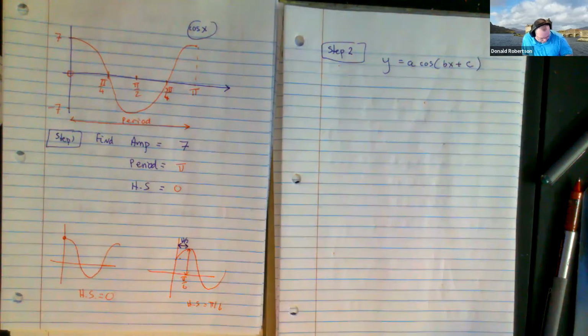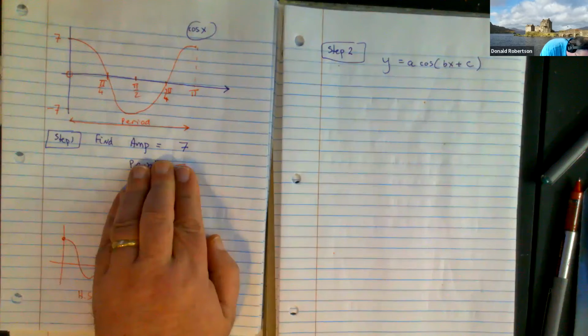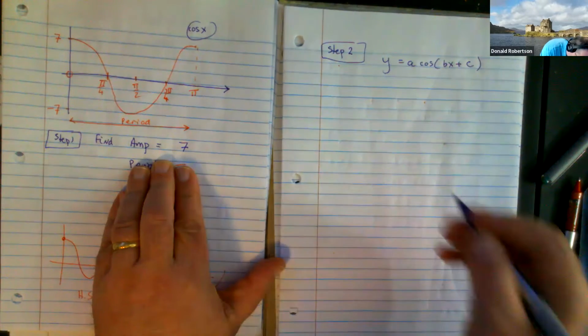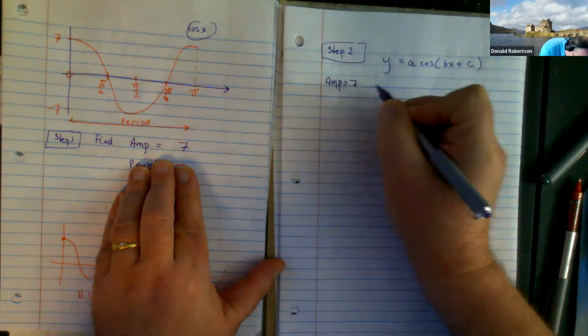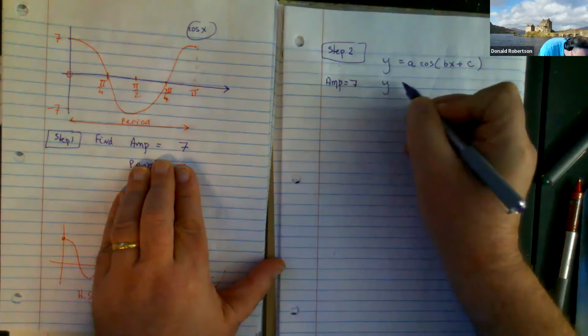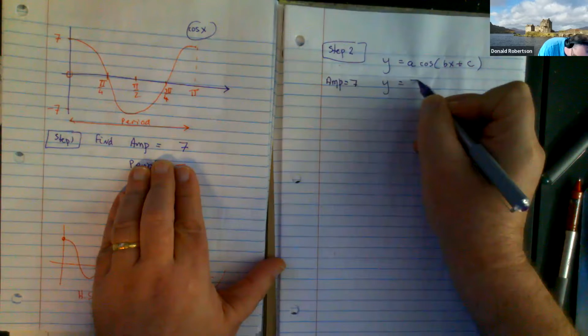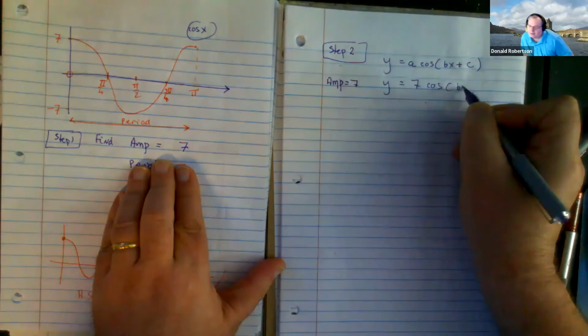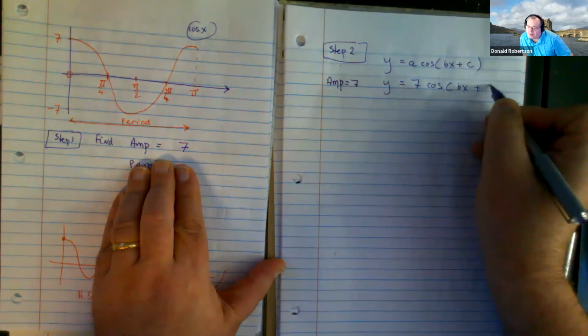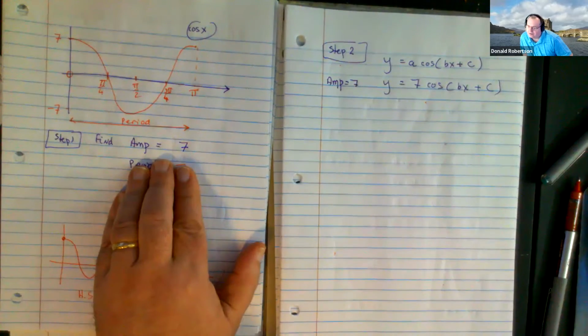But only one of them you get for free. The amplitude is 7. So I'm doing this really slowly. Since the amplitude is 7, can't I now write 7 cosine of bx plus c? Are you comfortable about that? That's pretty straightforward. Agreed? The amplitude is 7, so the formula starts with 7.